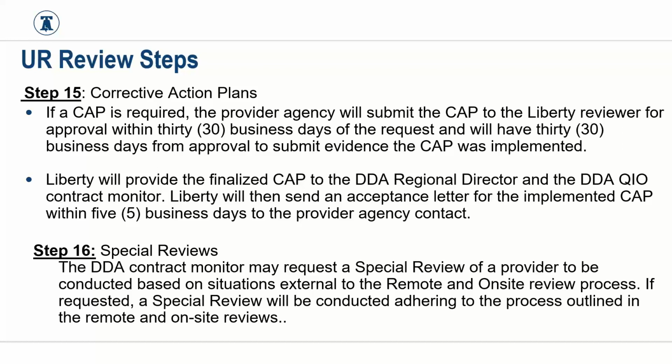If there are still unmet findings and they're associated with it cannot be deemed a proper payment, that will be indicated on that final report that is provided to the department, and they will follow up through their existing processes if there needs to be recoupment of payment. So I realized I did not say that before. I want to make sure that I mentioned that. So that's not a Liberty process, but the information that's provided from that finalized report will go to the department and they'll follow up from there.